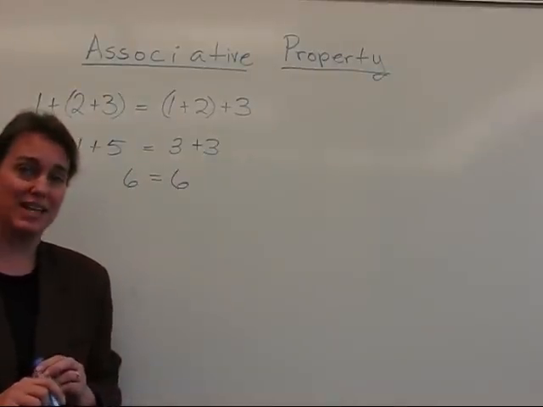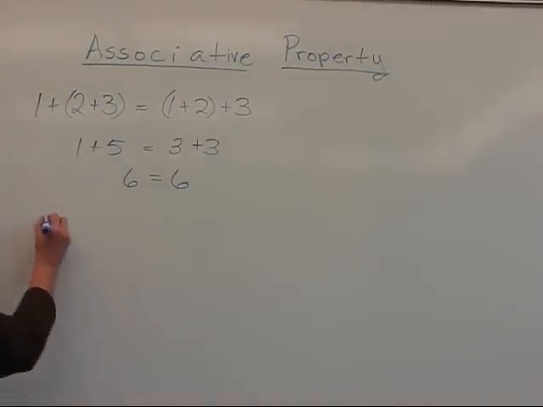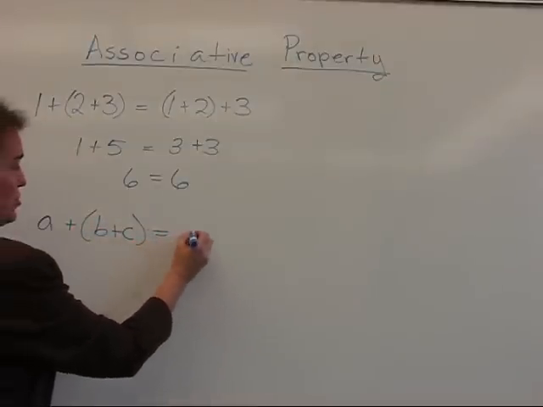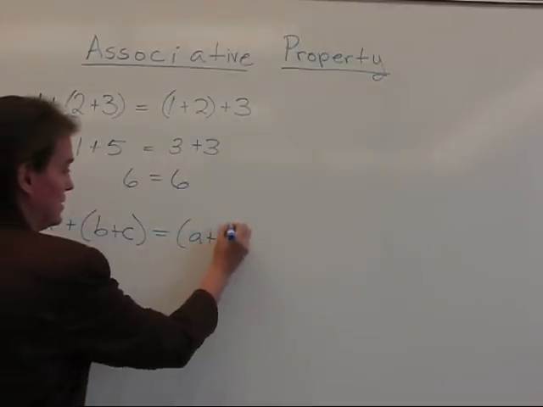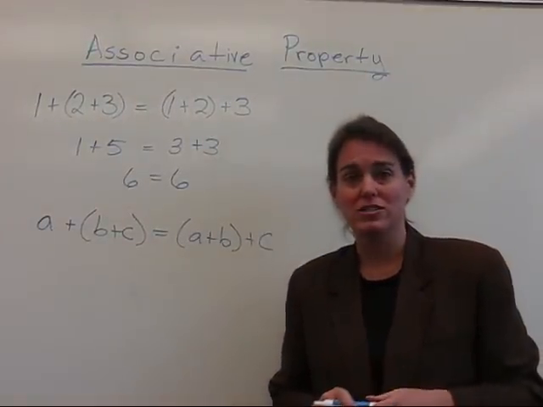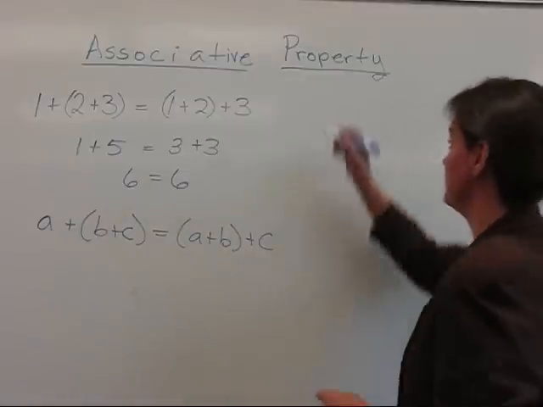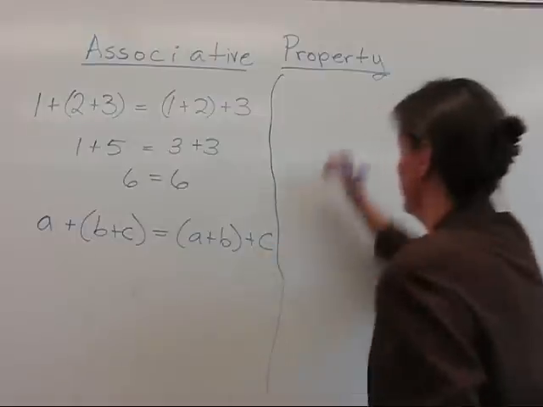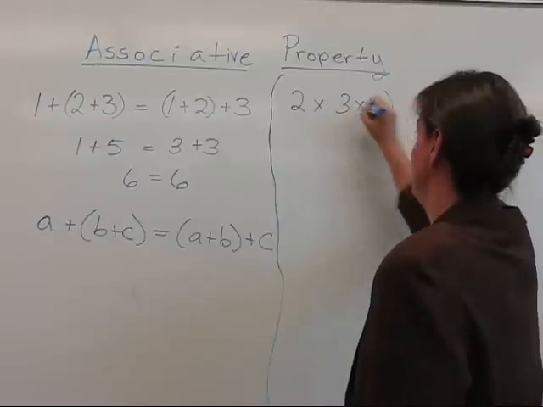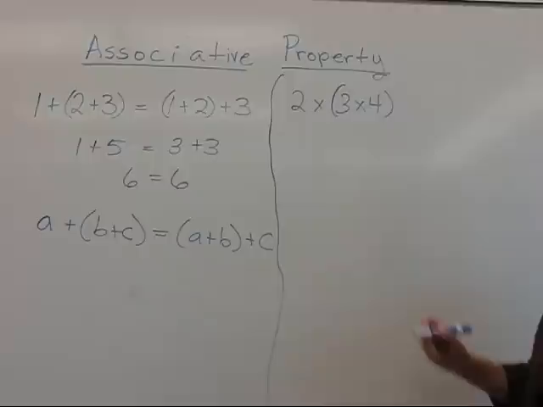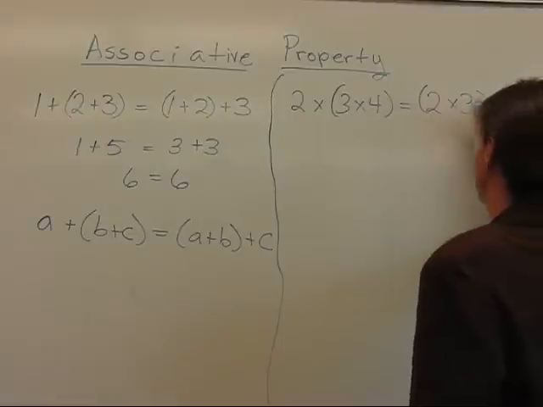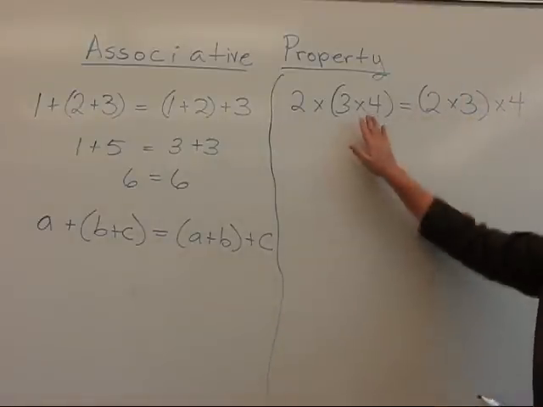A more general way of stating this property is A plus (B plus C) is equal to (A plus B) plus C. Does this work for any other operations? Well, let's consider multiplication. Let's say we have 2 times (3 times 4), and the 3 times 4 is grouped together in parentheses. And let's see if that's equal to (2 times 3) times 4.